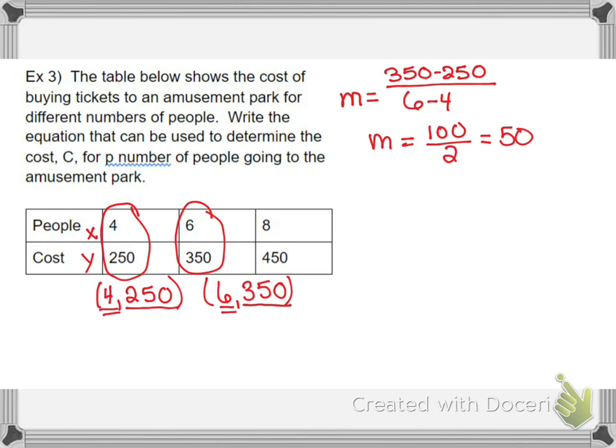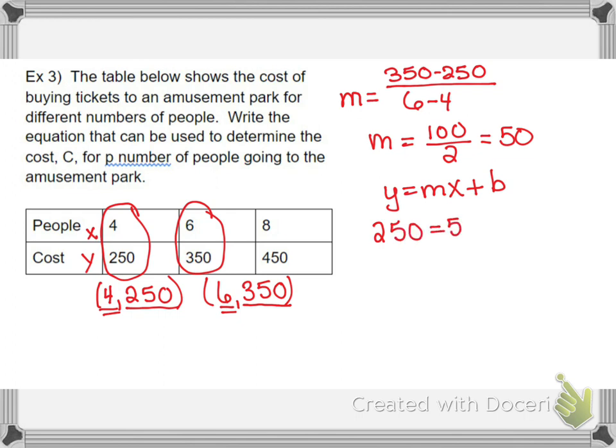Now for the y-intercept, we're going to use the slope-intercept form of the equation. So y equals mx plus b. And again, we're going to plug in the information that we already know to find what we need, which is the y-intercept. So I'm going to use that first ordered pair, (4, 250). So the y value is 250.